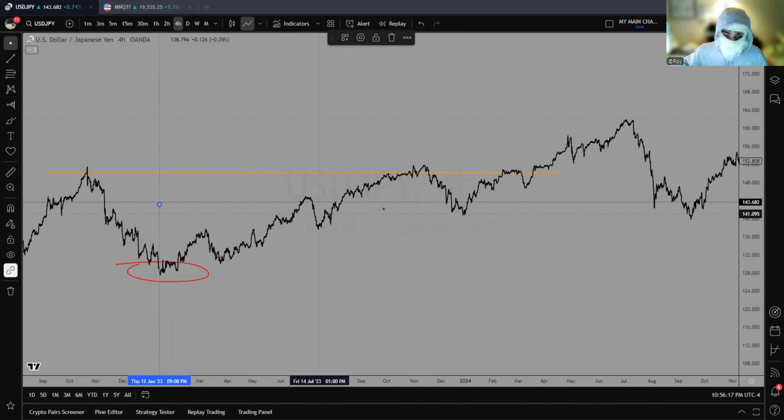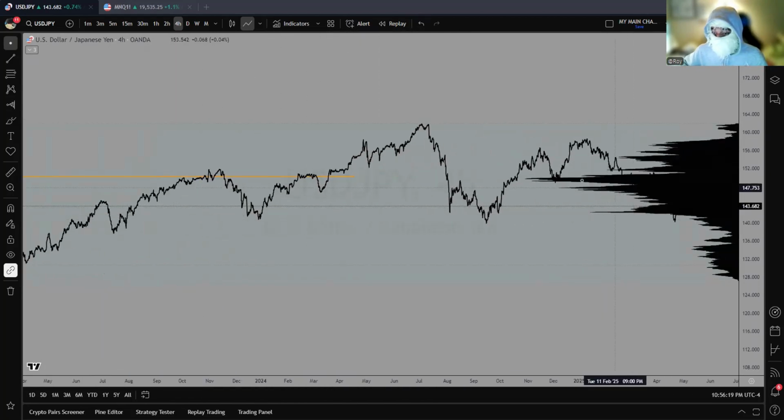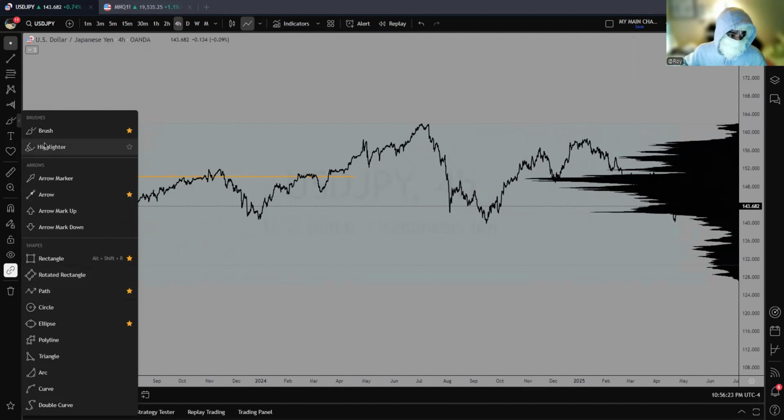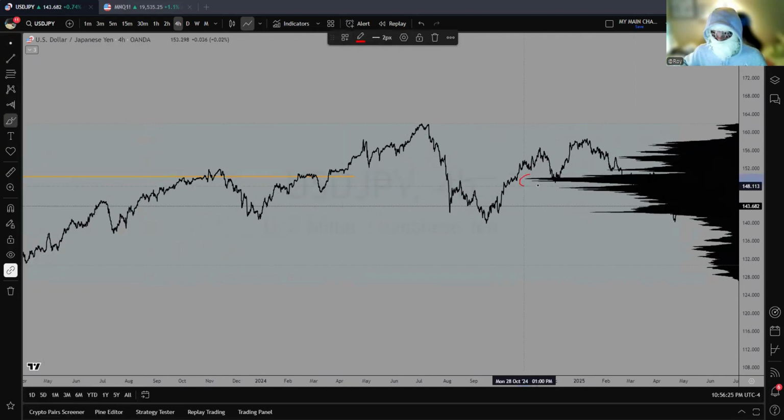So boom. These areas right here are imbalances, imbalance zones, imbalance areas, meaning that's where a lot of buyers and sellers were hashing it out back and forth.